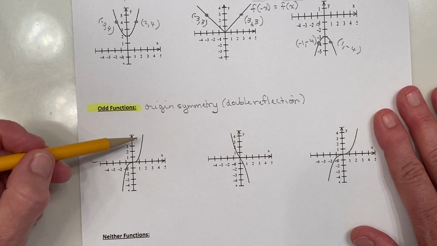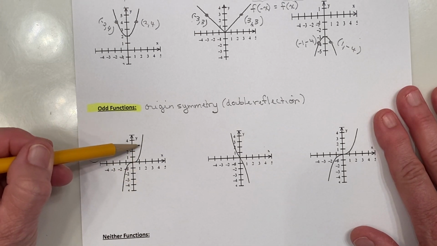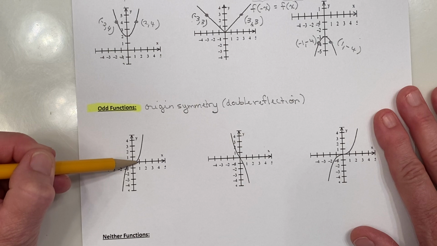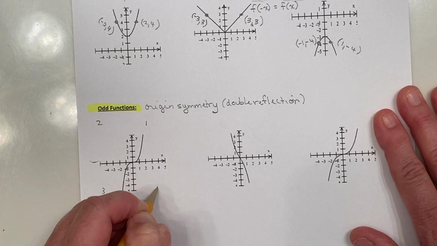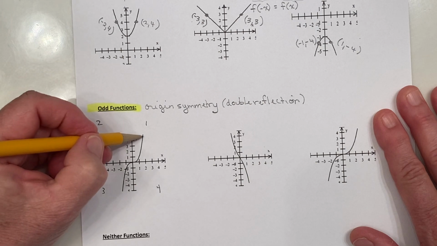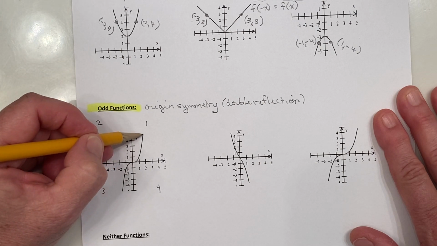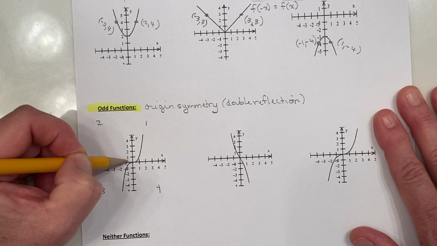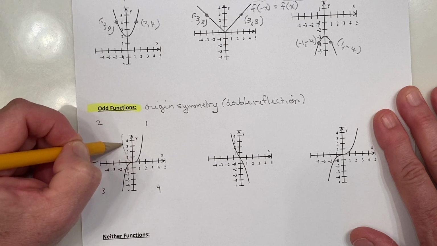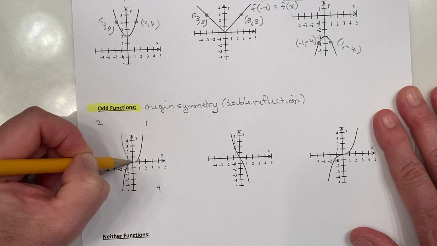For example, if I looked at this graph right here that's in quadrant 1, this is quadrant 1, 2, 3, and 4. If I were to focus on this part of the graph, a little piece at a time, and reflect across the y-axis, that reflection would create this mirror image.